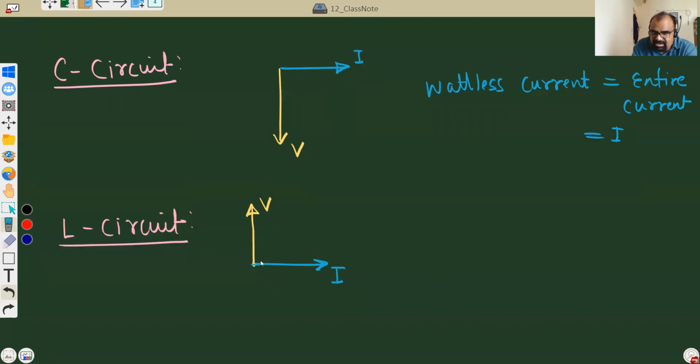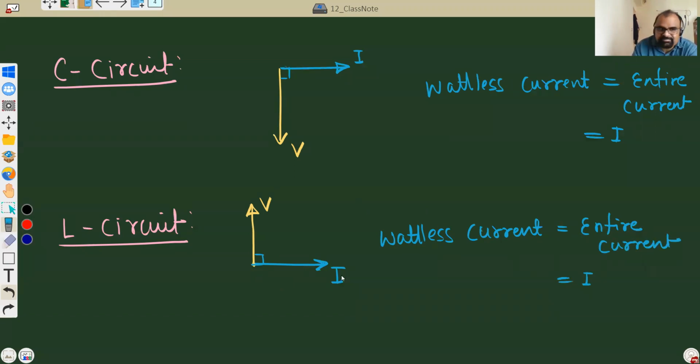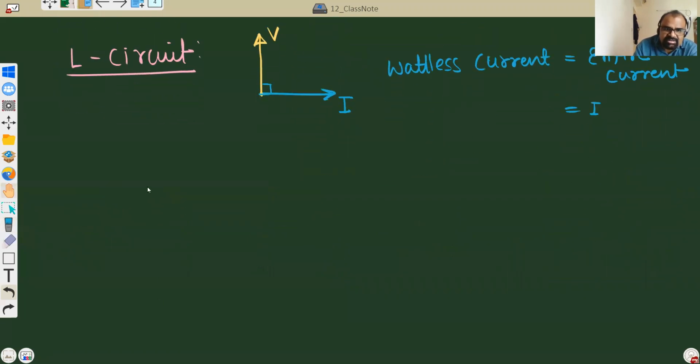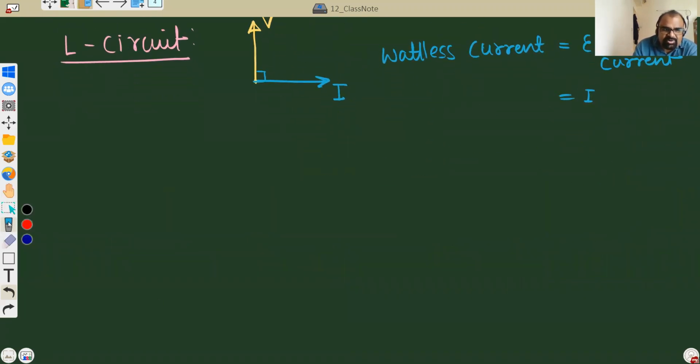Zero, because all the current was at 90 degrees. So here, what is the wattless component? Again, the entire current is wattless only. Okay.